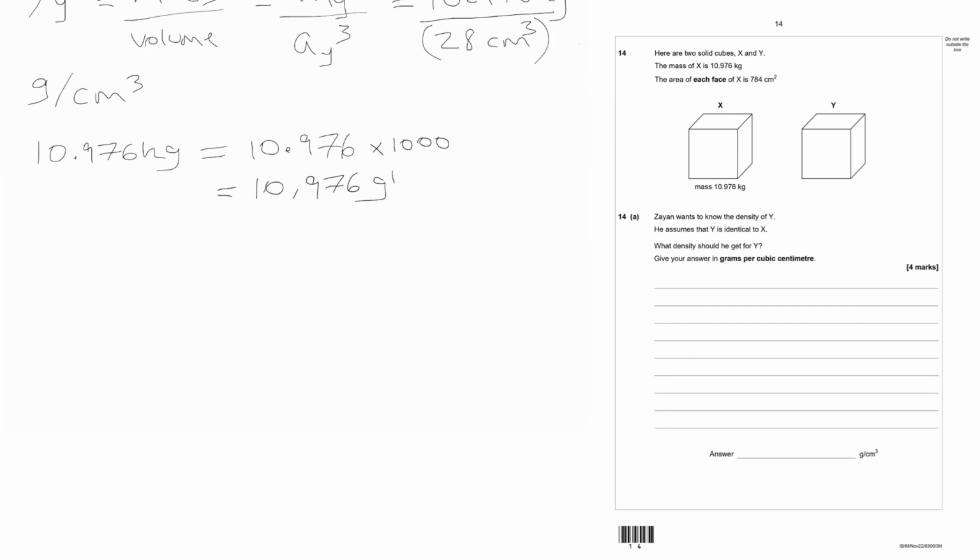So now we're ready to work out the density of y in terms of grams per centimeters cubed. So this gives us 10,976 grams over, and 28 cubed is 21,952 centimeters cubed. So this gives us a value, when we work this out, of 0.5 grams per centimeter cubed.